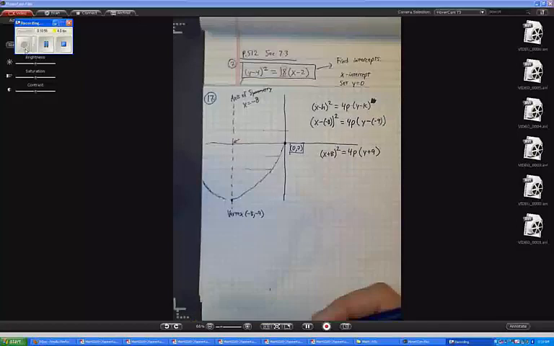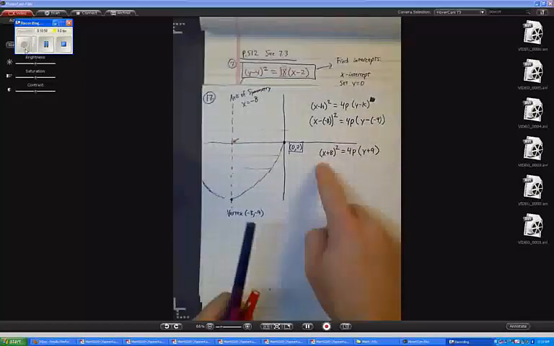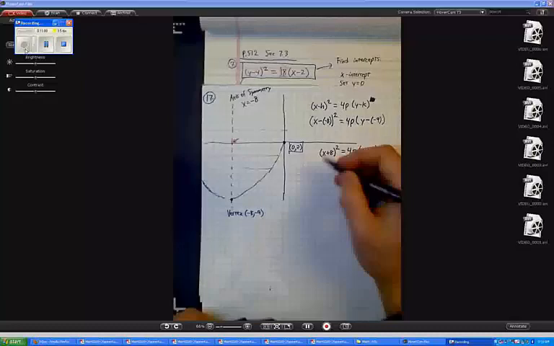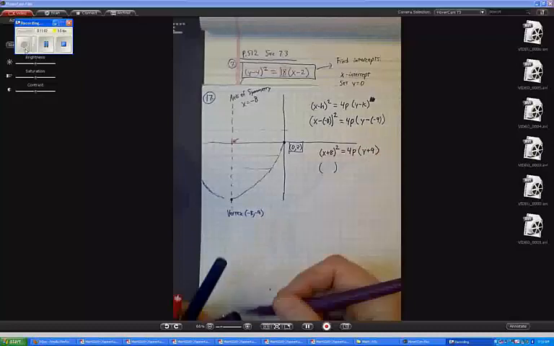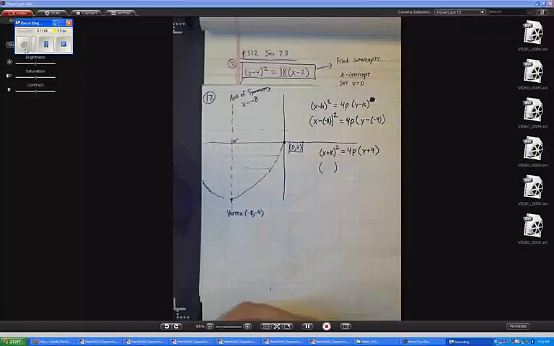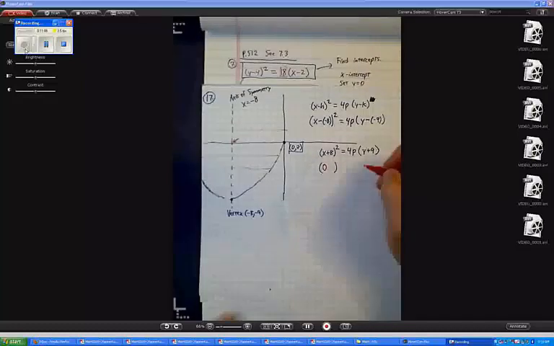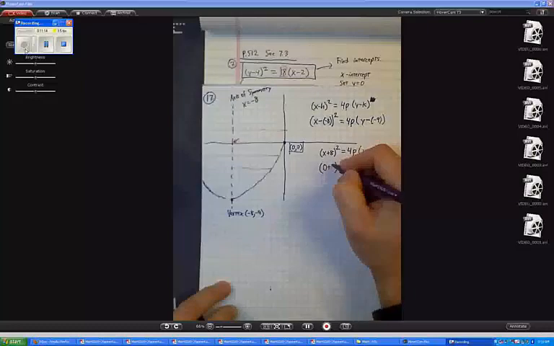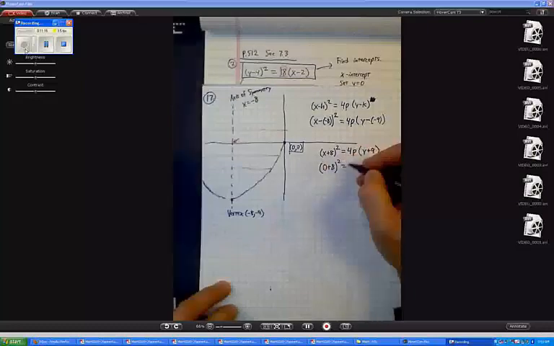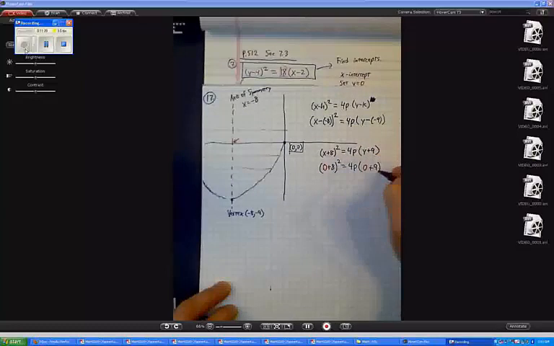Where it used to say x, I write 0, and 0 for the y. So 0 plus 8 squared is equal to 4 times p times 0 plus 9.